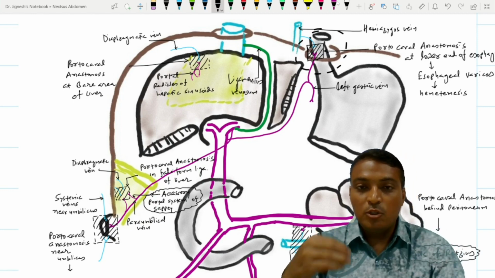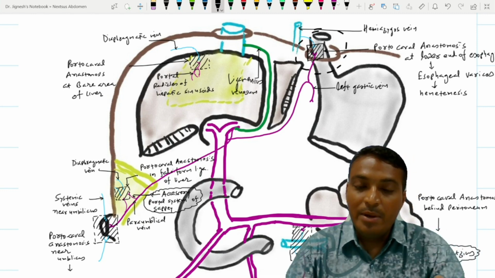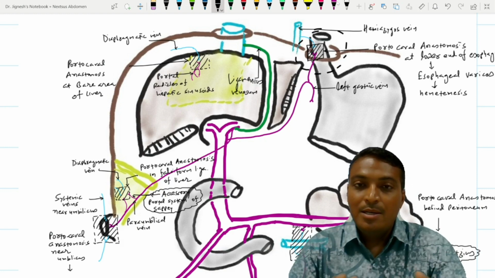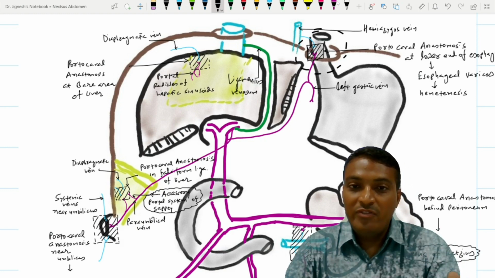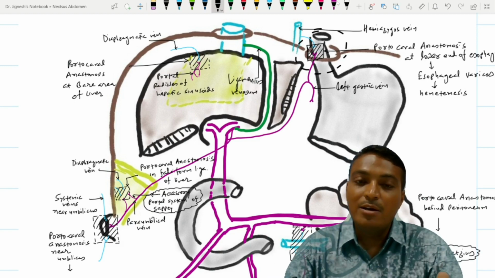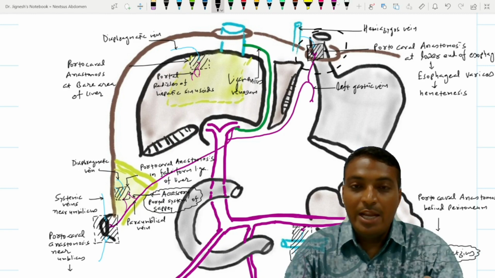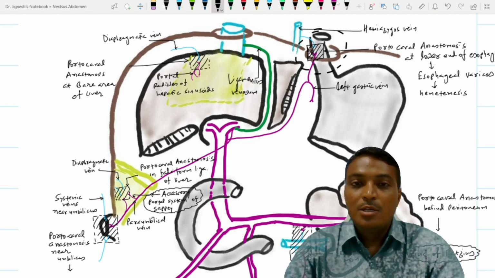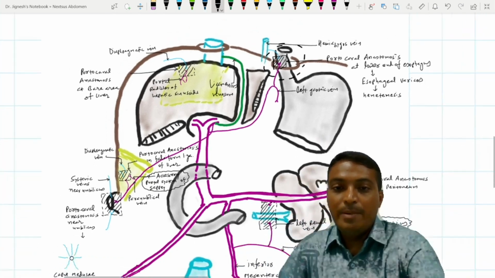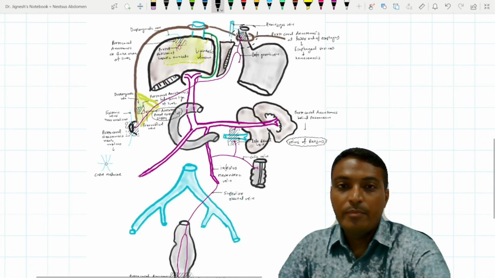So in an adult, if this ligamentum venosum does not get fibrosed and remains patent, this is also a site of anastomosis between the portal vein and the systemic vein, that is, between the left branch of the portal vein and the inferior vena cava. So these are the seven sites where portocaval anastomoses are present in the body.